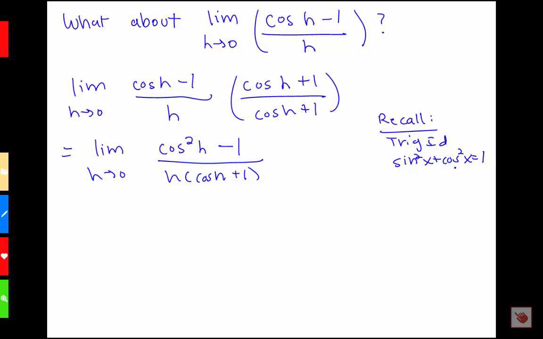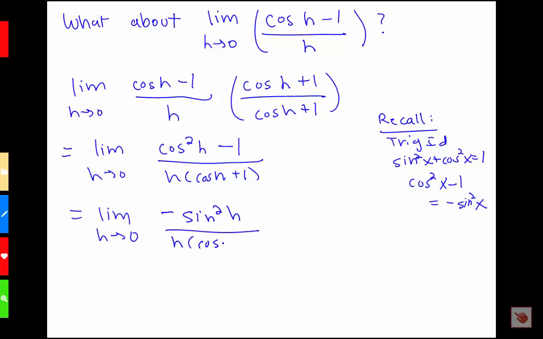Then we see that cosine squared x minus 1 is equal to negative sine squared x. So we have cosine squared x minus 1 equals negative sine squared x. So what we have here is the limit as h goes to 0 of negative sine squared h all over h cosine h plus 1.